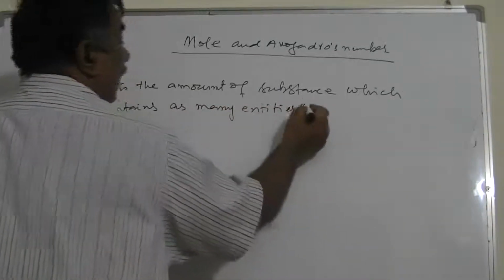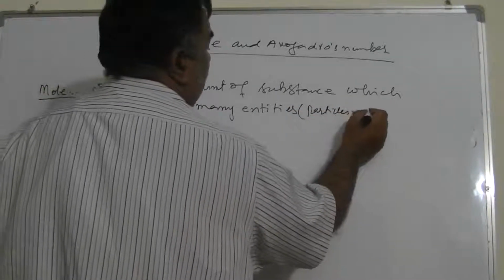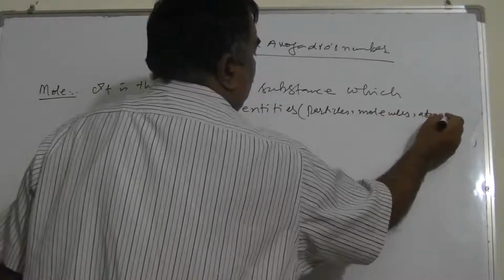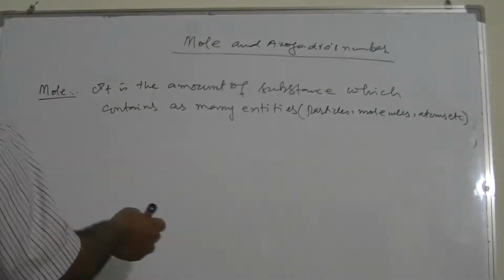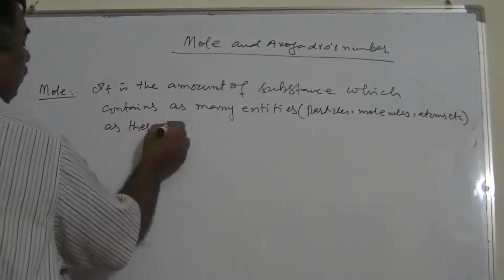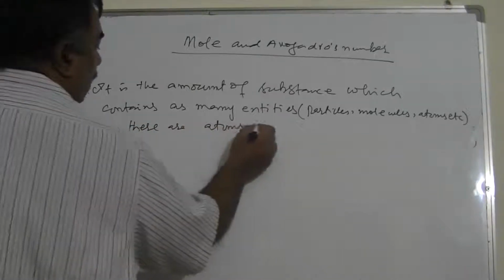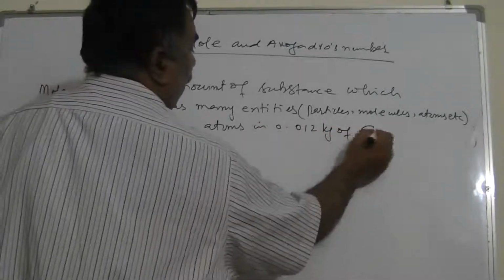These entities can be particles, molecules, atoms, etc. It can consist of ions also, but contain as many entities as there are atoms in 0.012 kg of carbon 12.